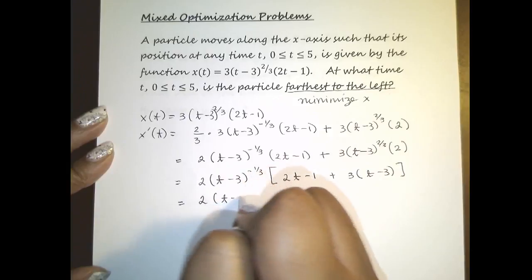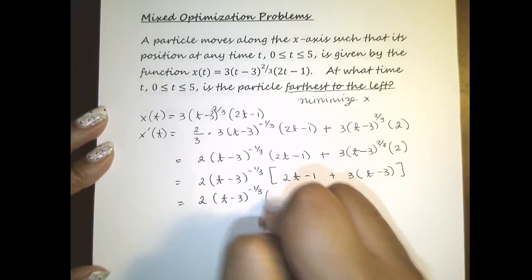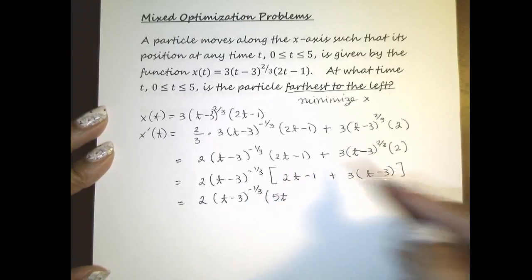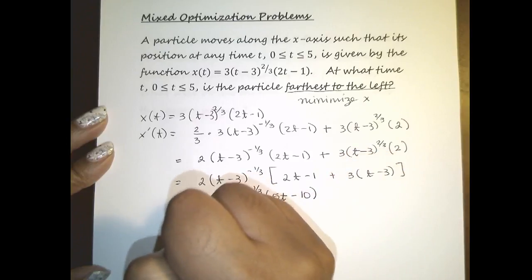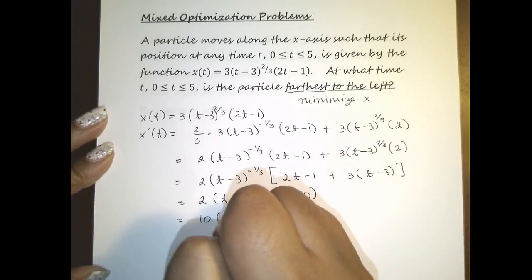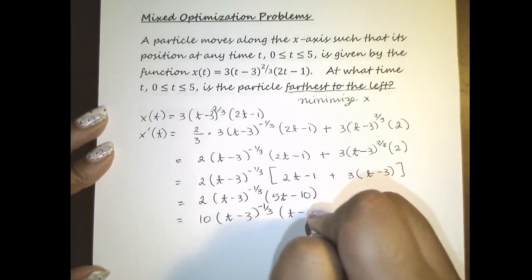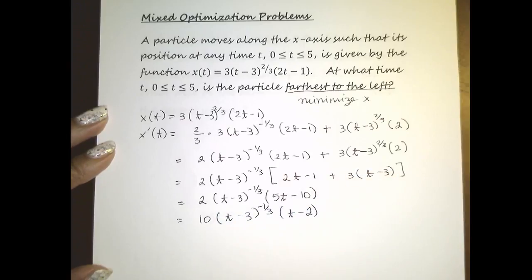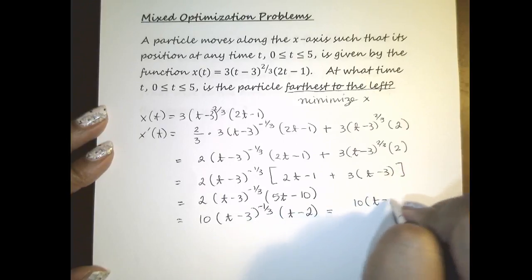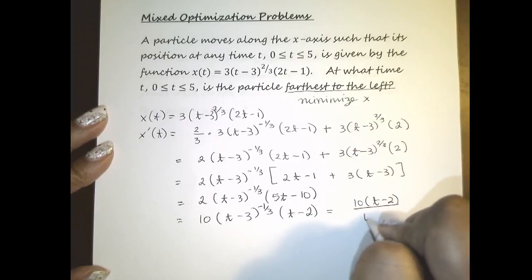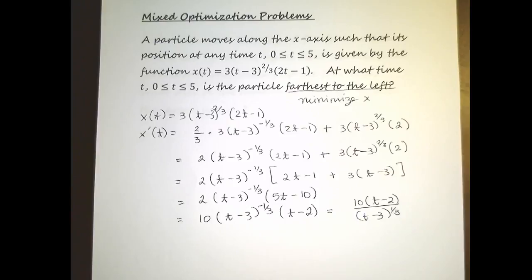So 2 times (t minus 3) to the negative 1/3 power, times (2t plus 3t is 5t, minus 1 minus 9, minus 10). I'm factoring out a 5. 5 times 2 is 10, times (t minus 3) to the negative 1/3 power, times (t minus 2). And since this is a negative exponent, I'm going to write it as a fraction: 10 times (t minus 2) over (t minus 3) to the 1/3.